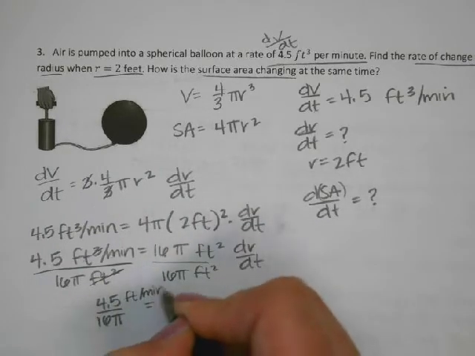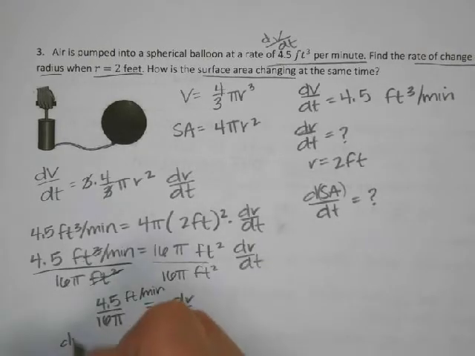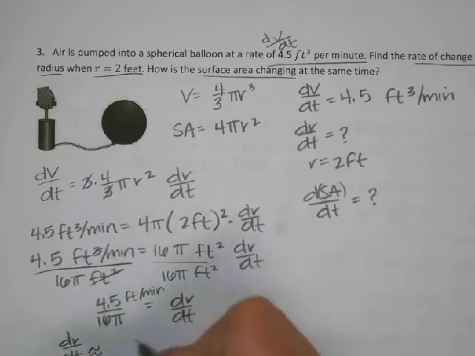That rate of change makes sense for the radius: the radius should be changing by units that are linear, and so that's what it's doing. I'll plug this in my calculator to get an answer that makes a little more sense for the problem, and I get 0.090 feet per minute.